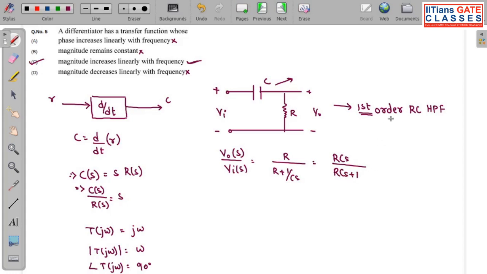So why did I write this? If I tell you, look, this RC high pass filter is a differentiator also, a practical differentiator circuit.